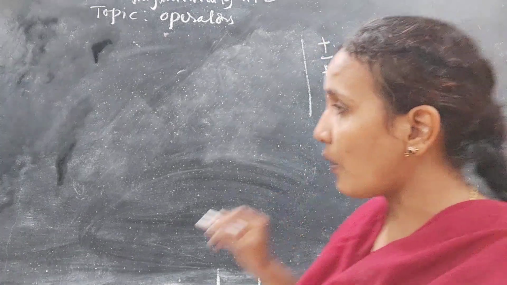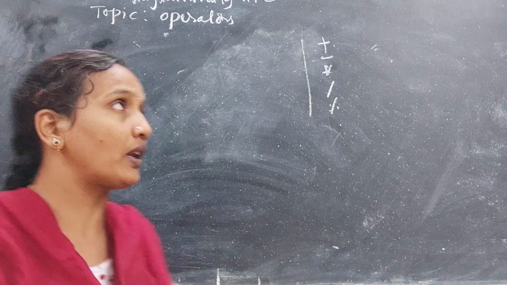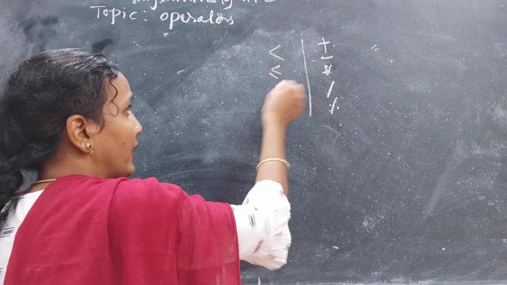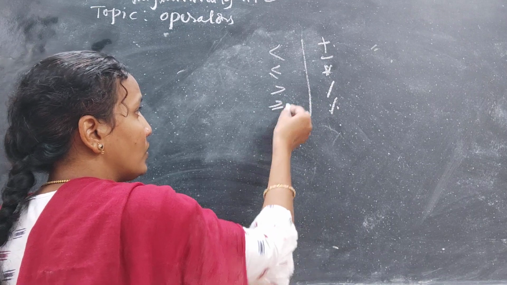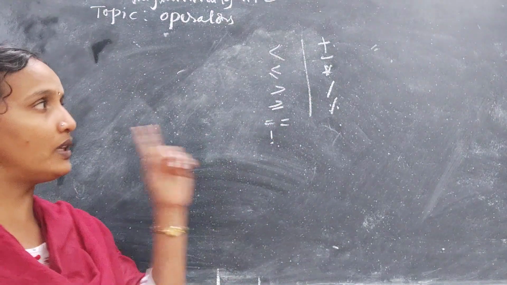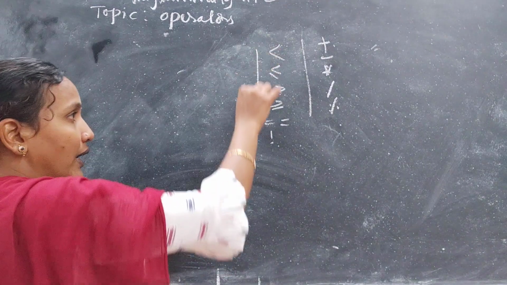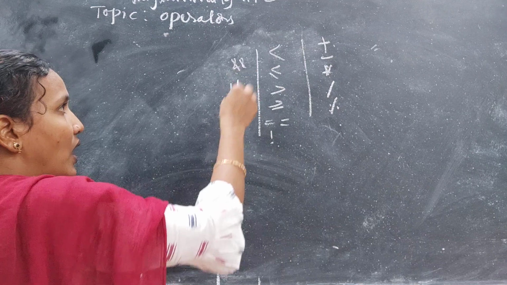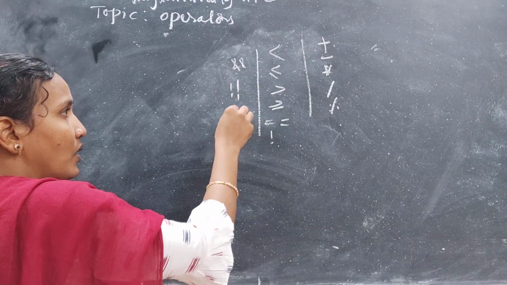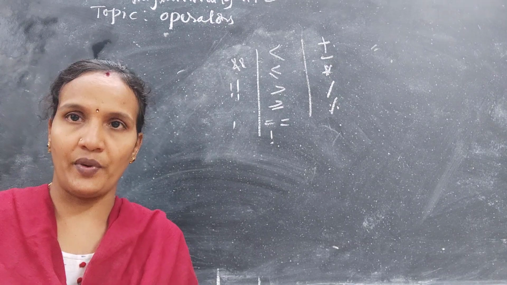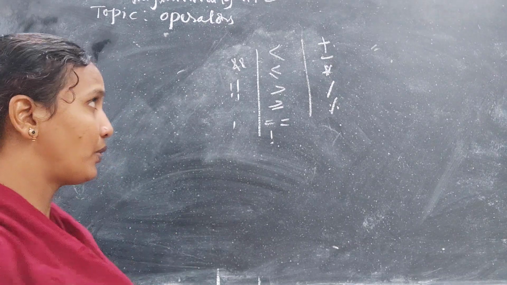And what relational operators does C support? Less than, less than or equal to, greater than, greater than or equal to, double equals, not equals. Next, logical operators: logical and, logical or, logical not. These are the logical operators supported by C.